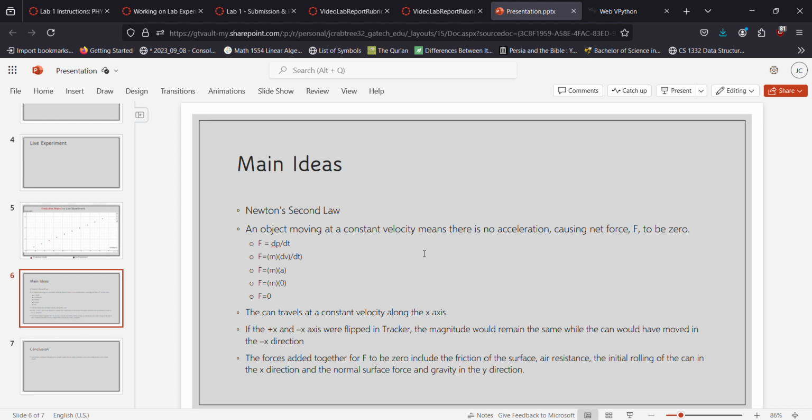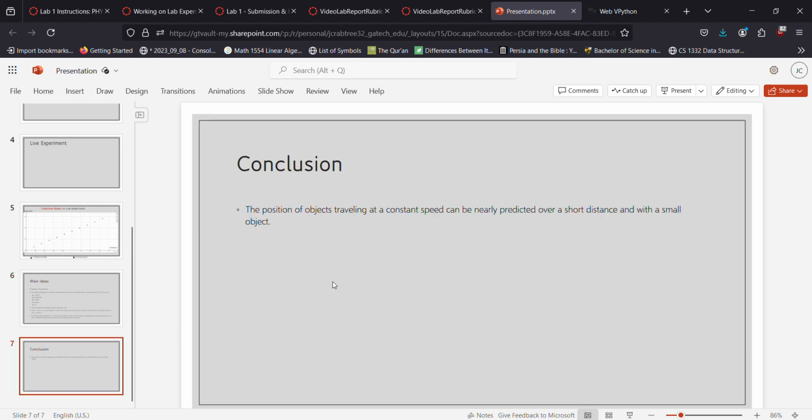There was also gravitational force acting in the negative y direction on the can, and the normal force of the surface acting in the positive y direction. I assume that would have been zero net force acting on the object, and I think it's more likely that in my rolling of the can there was some exertion of force where the force did not even out with the force of the friction of the surface and the air resistance.